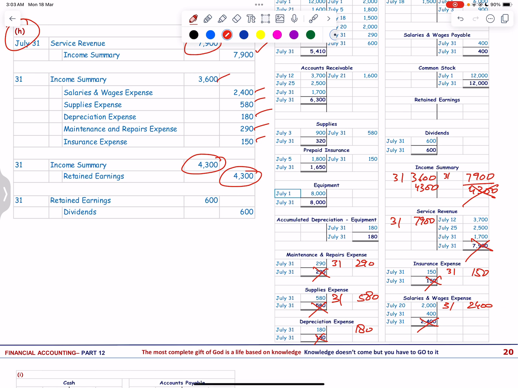Next we have to close the dividend, and dividend is credited by 600, on 31st of July, and this balance becomes 0 now. And retained earning is debited by 600 on 31st of July, and the balance now is 3,700. And this is what we have calculated as the balance for the retained earning before, and this is just a way to verify that we have done it correctly.